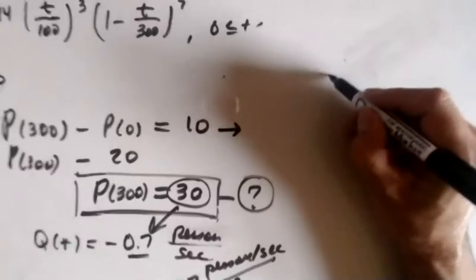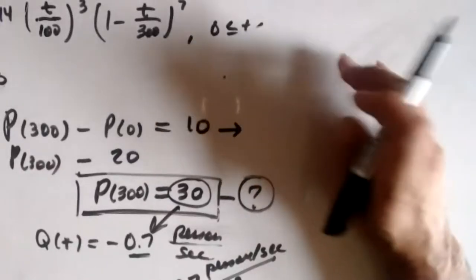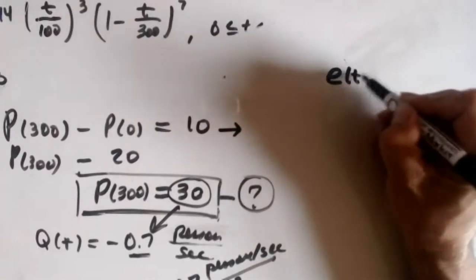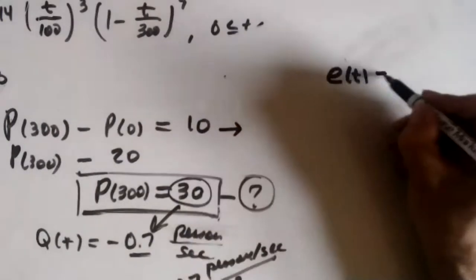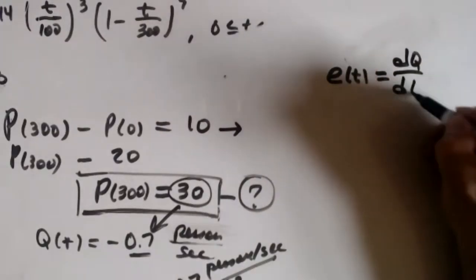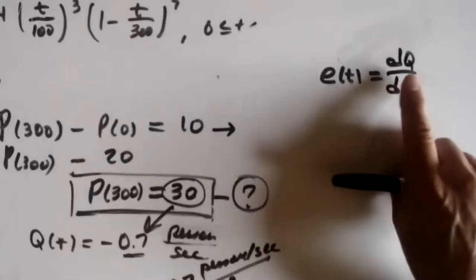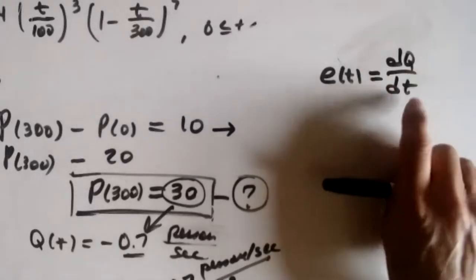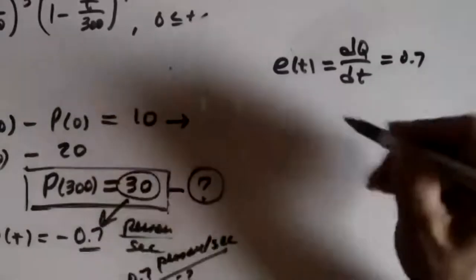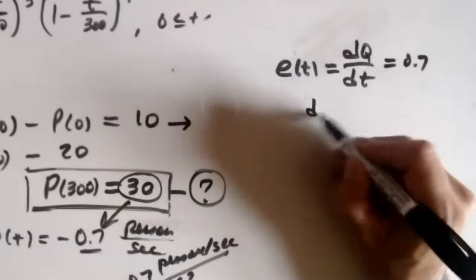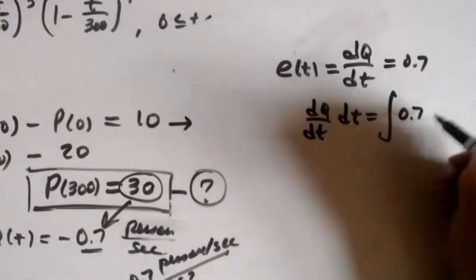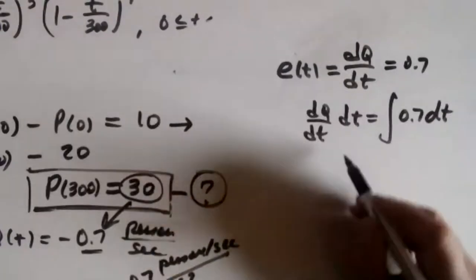So what letter can I use? Okay, let me just use Q of t. People entering, the rate of entering is dQ/dt. This is the people that enter the escalator in a constant of time. This is 0.7, correct?